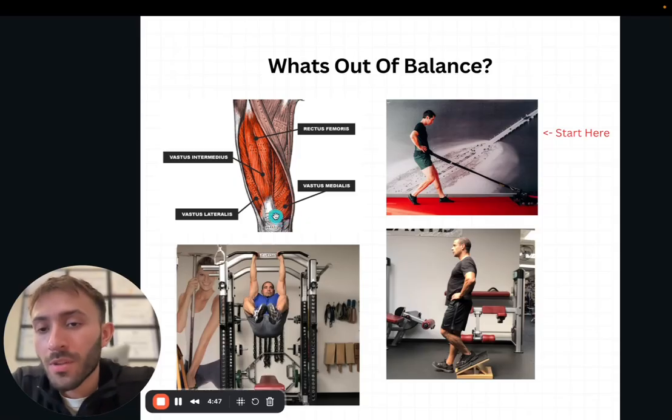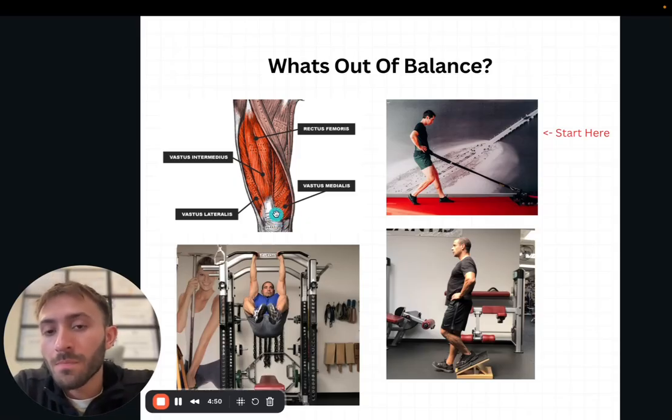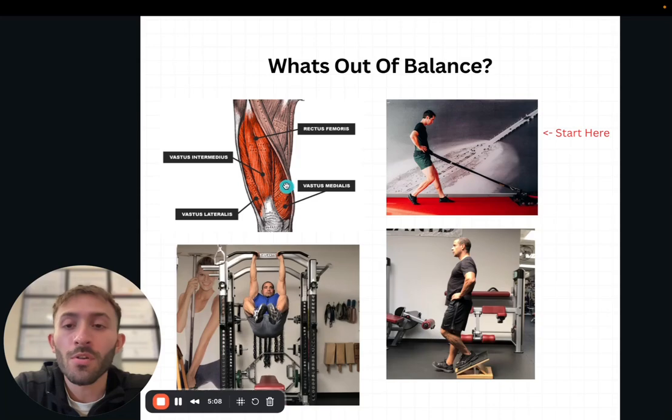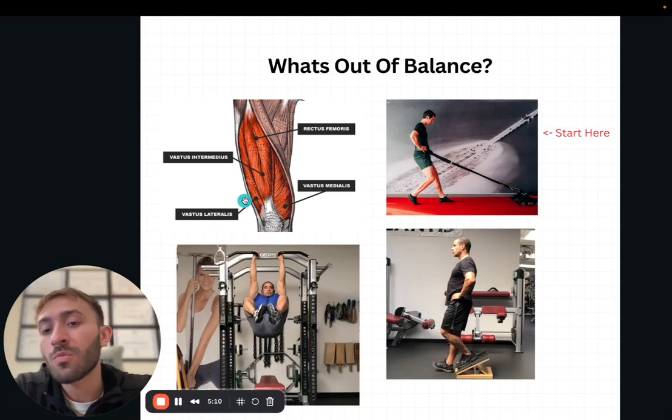One of the major things that's out of balance for many people is going to be the quad muscles. Out of the quad muscles, there are going to be 4, but mainly we're going to talk about, for specific balance, the vastus medialis, which is the teardrop muscle on the inner part of your thigh, or the inner part of your quad, compared to the vastus lateralis, which is the lateral portion of the quad.